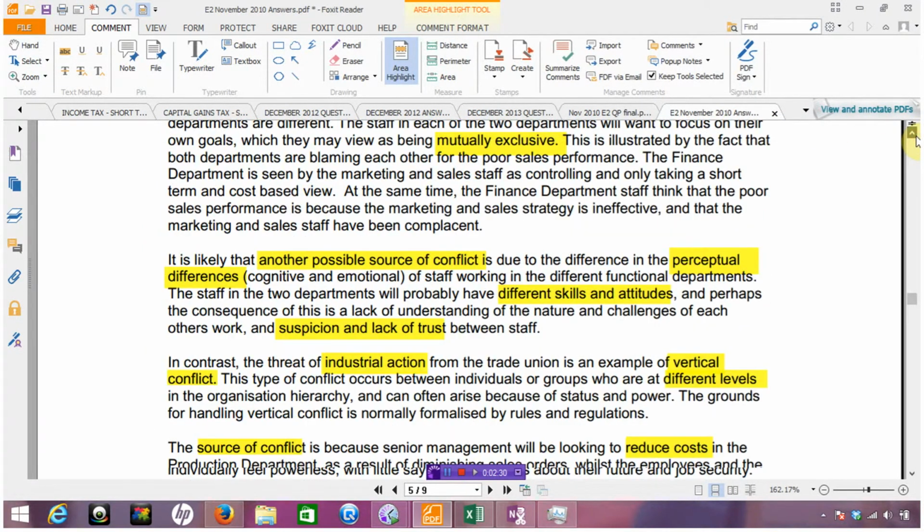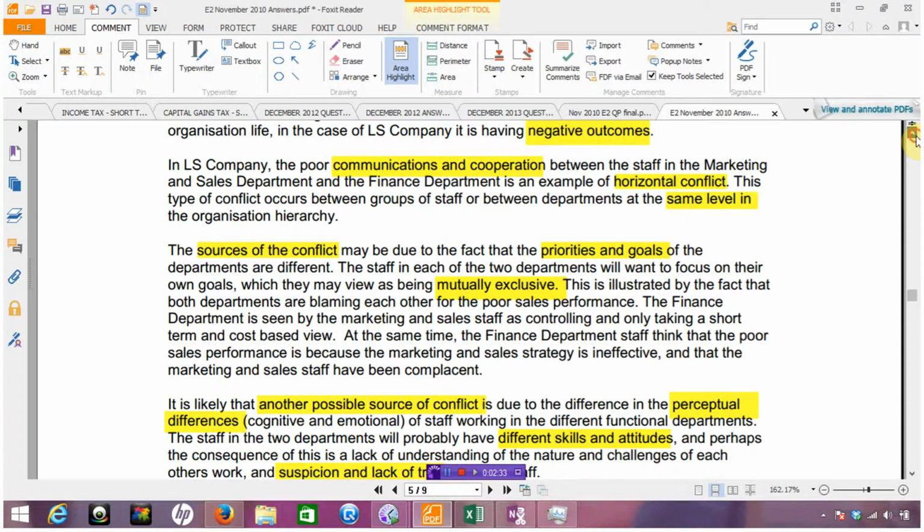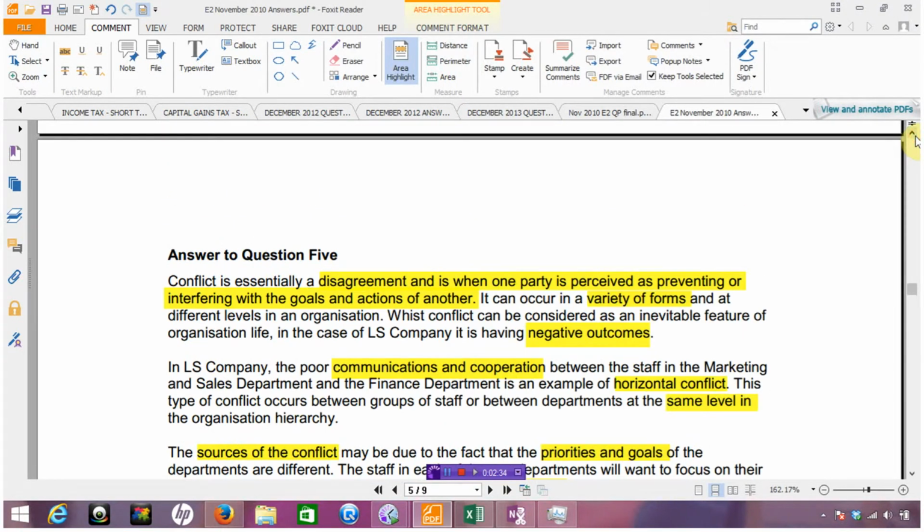Okay, so in terms of a starting point, as always, we get a definition here of what conflict is, and what they say is obviously it's a disagreement. One party is preventing or interfering with the goals and actions of another. What we could say is that conflict is perhaps just a clash of opposing forces in one way, shape, or form.